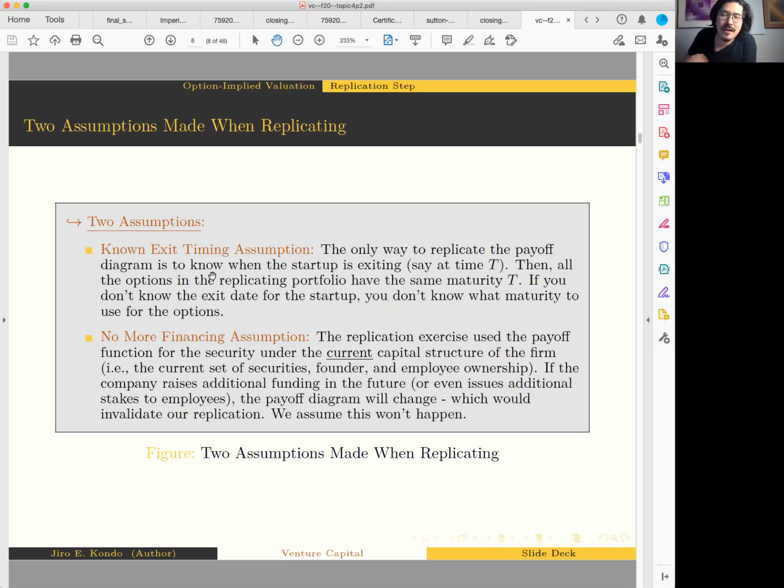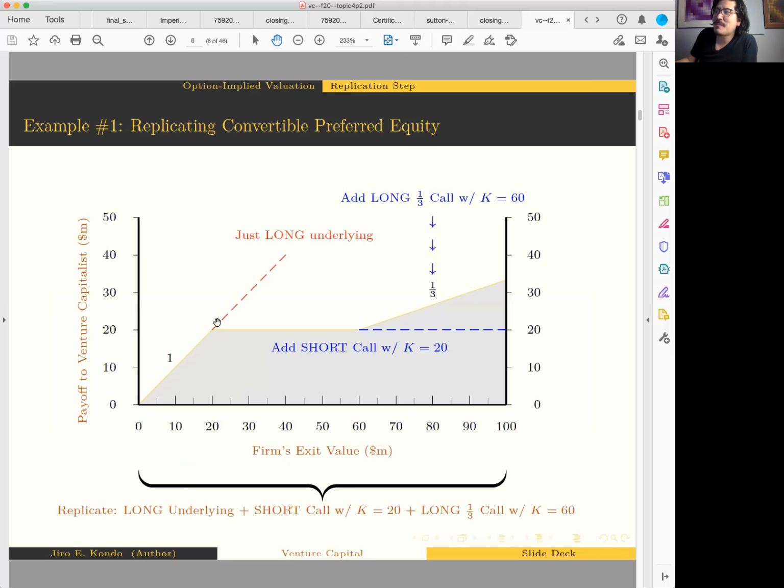The other thing is, in solving this problem, I'm also going to assume that I know when the exit date's going to be. Because if I want to specify a call option, I need to specify a maturity date, right? So I need to know when this payoff is occurring. But we know the payoff occurs when the company exits.